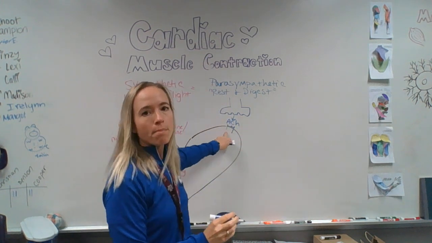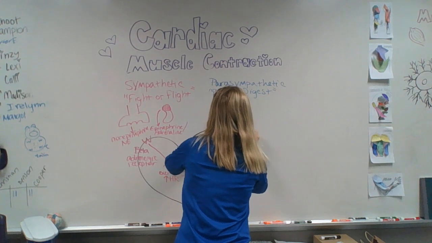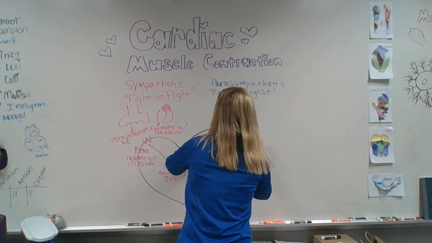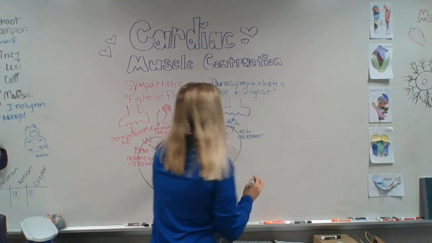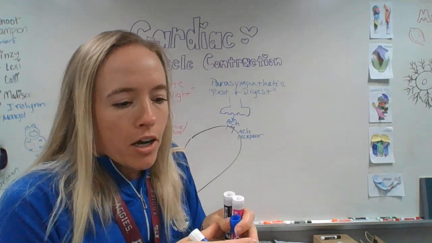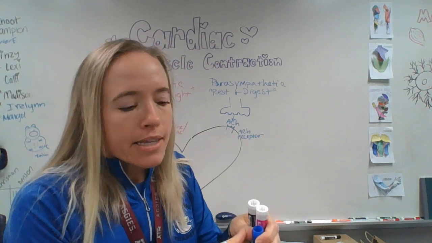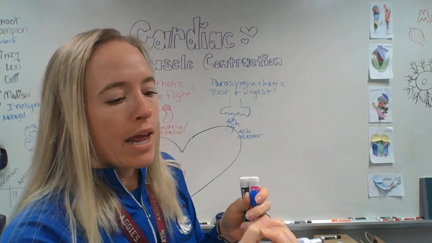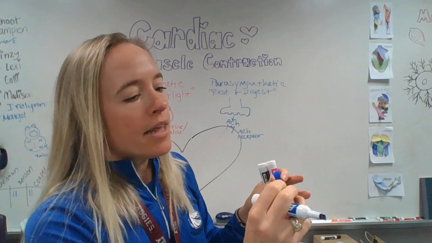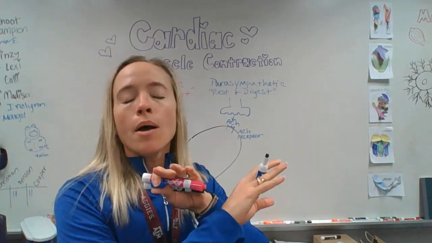So the acetylcholine binds to it. We'll call it the acetylcholine receptor. And instead of it opening an ion channel like it does in the skeletal system to let sodium ions in, in this case, it's connected to an enzyme called a G protein. And that enzyme activates some other enzymes, other enzymes, other enzymes.